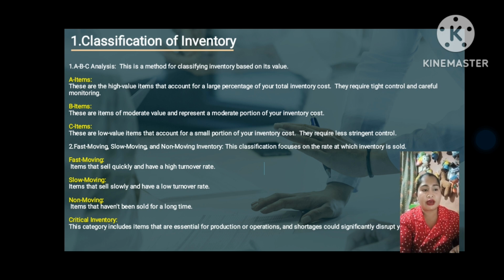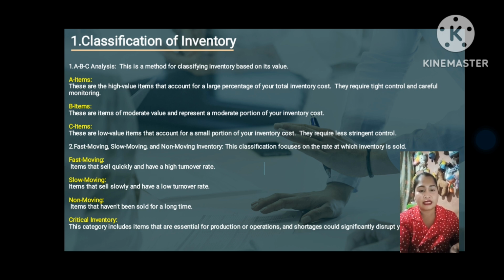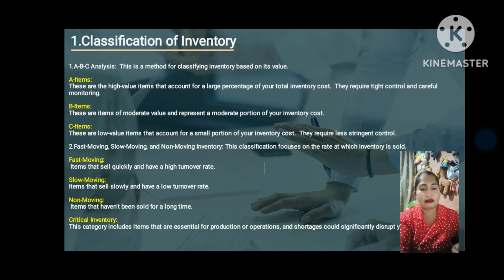Number two, smooth production by buffering against fluctuations in demand. Yes, of course. We always keep a safe or advance inventory. It is not a large amount, but enough to sustain production. Number three, take advantage of economies of scale by purchasing materials in bulk.